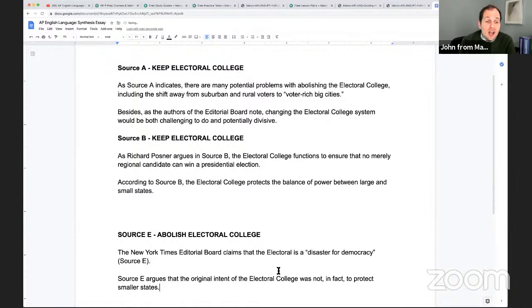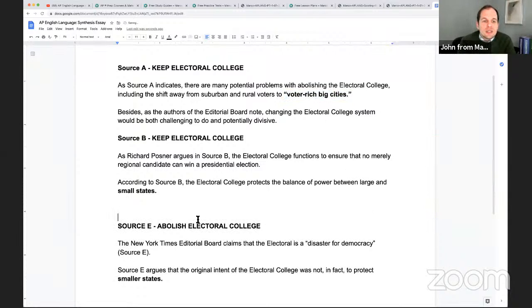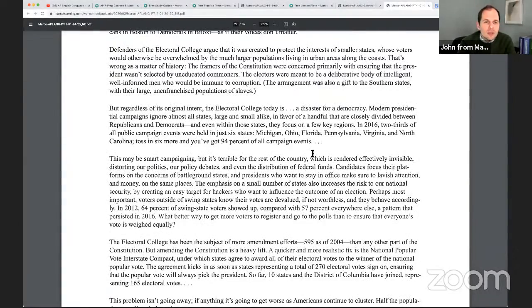So I notice I've got, and you have a bold and italicized feature as well, which is really important, the bold and italicized feature that's available for you, because that's something that you can use to link these different sources. So we have voter-rich big cities and all of this. So I'm starting to see how this comes together here between keep and abolish, just kind of organizing all of this and working my way through.